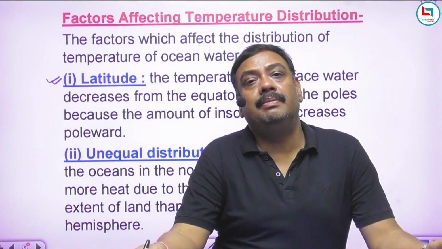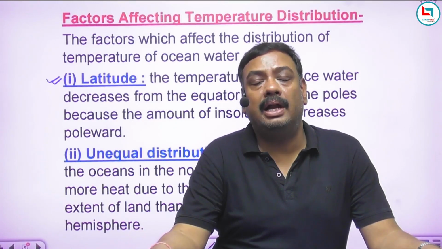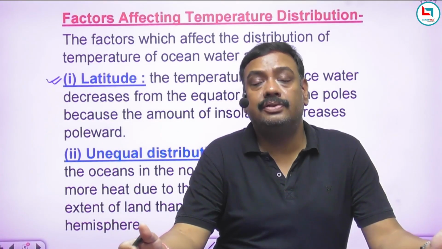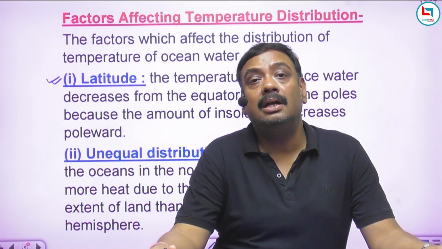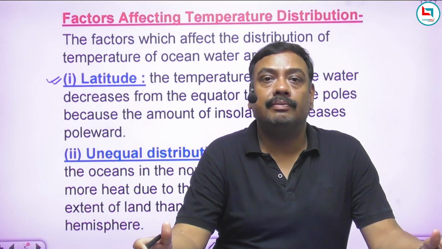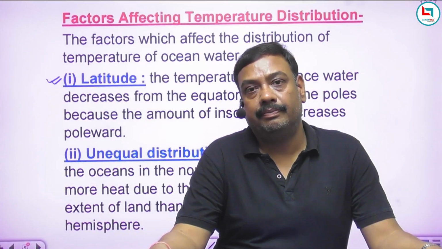Unlike the southern hemisphere, the northern hemisphere is called the land hemisphere or terrestrial hemisphere because here the maximum proportion of the surface is covered by land surface.